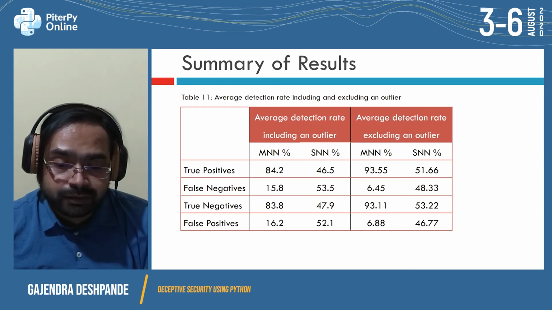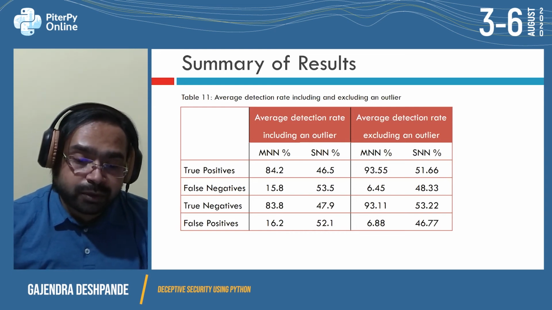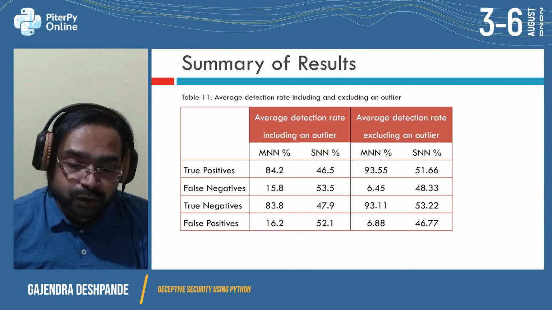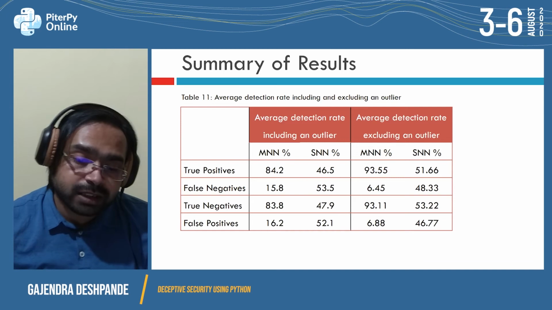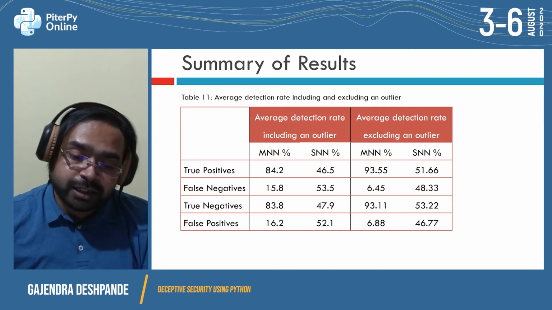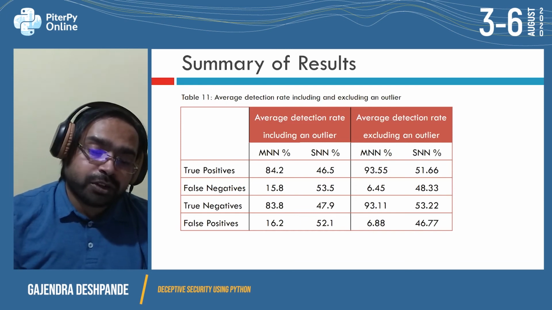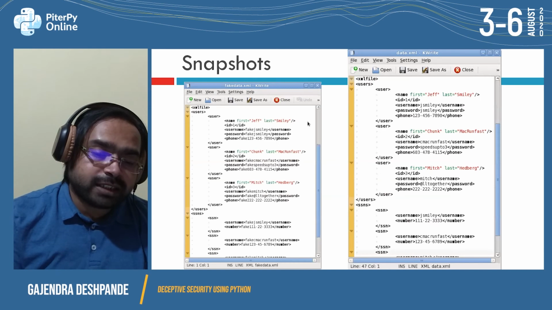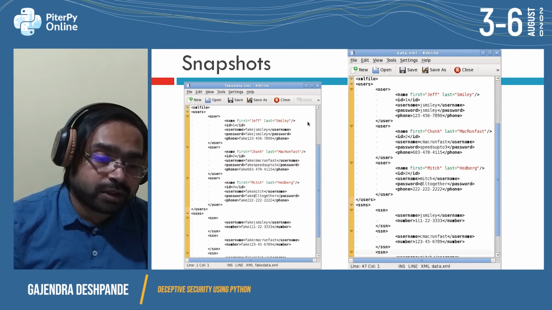Similarly, when you consider excluding outliers, the results are better with respect to the modular neural network only. Of course, there is a little bit of increase in the single neural network also, but the modular neural network results are much better.